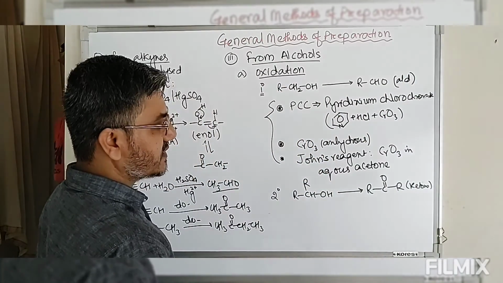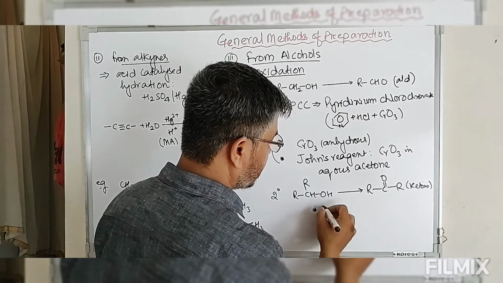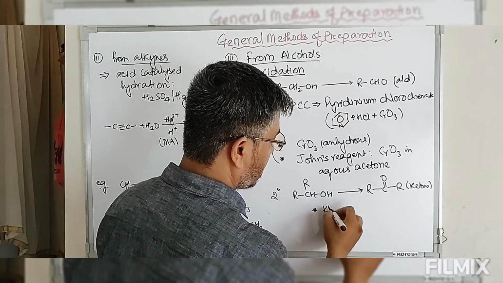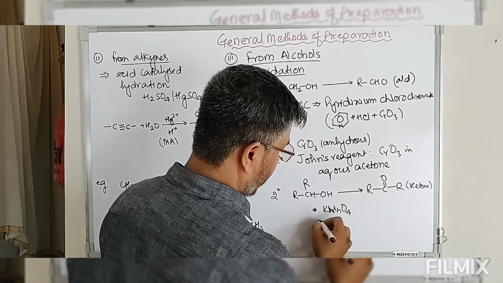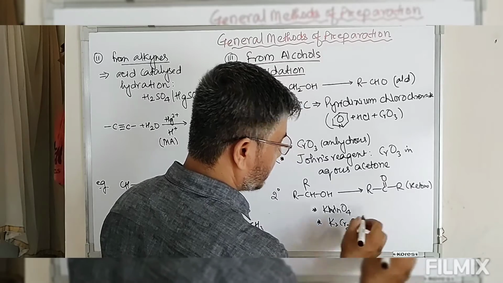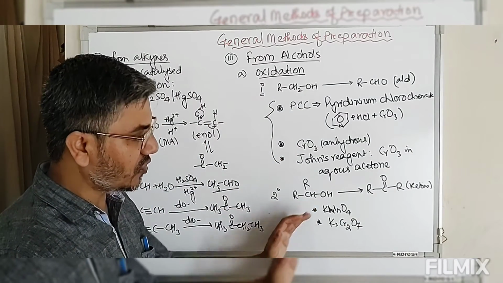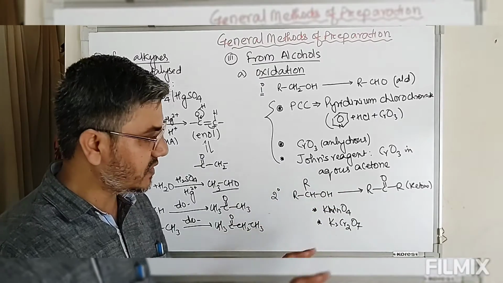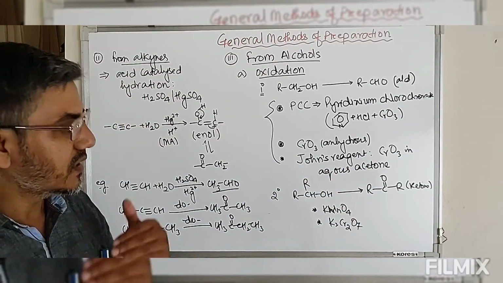Now to oxidize this secondary alcohol we can take this oxidizing agent, that is KMnO4, potassium permanganate. We can take K2Cr2O7, potassium dichromate. So by use of this KMnO4 or potassium dichromate in acidic medium, all this secondary alcohol can be oxidized to give you corresponding ketone.